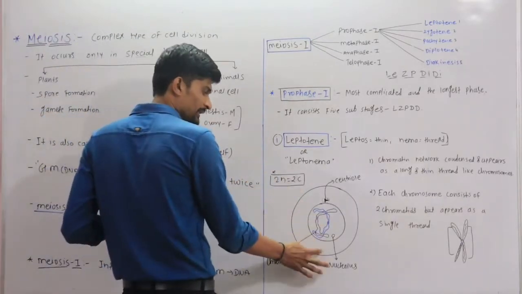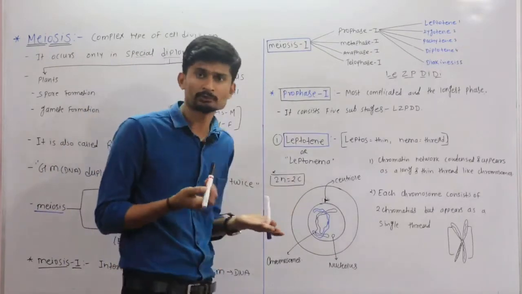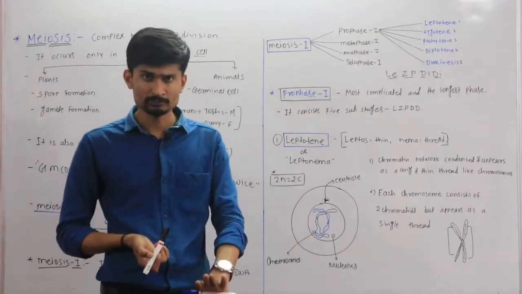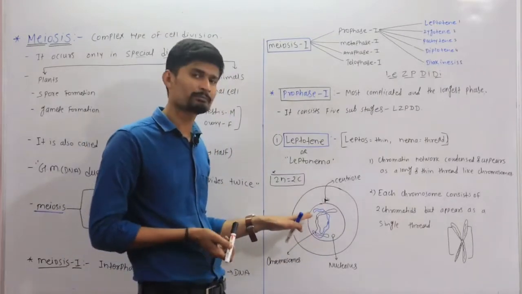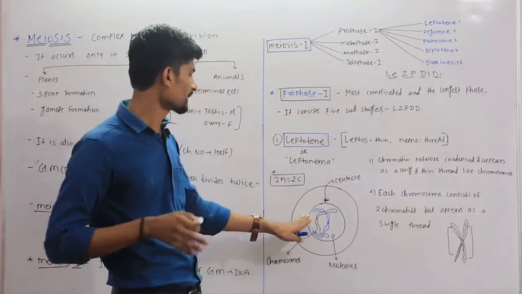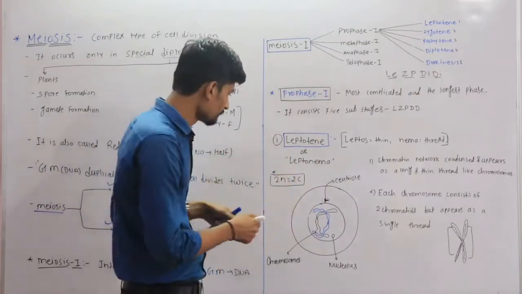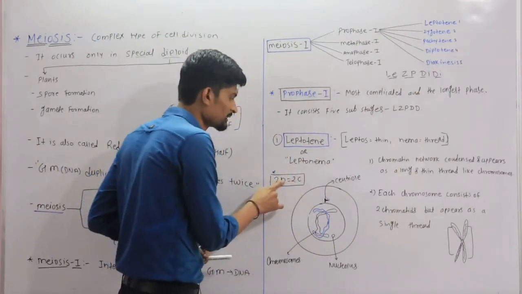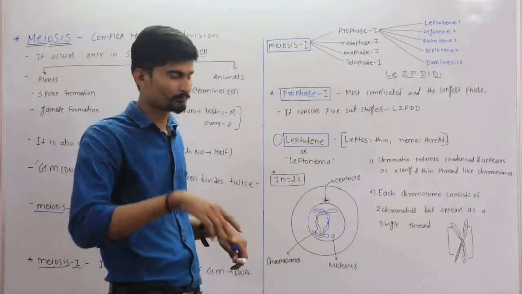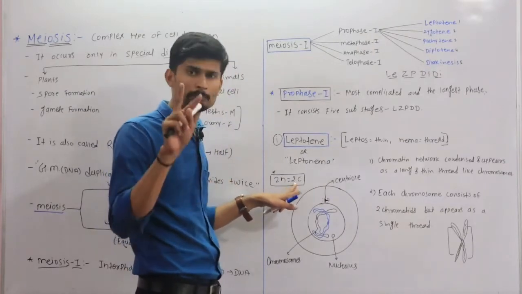Suppose a human cell, where the diploid condition has 46 chromosomes, but we cannot draw 46 because it would become very complicated. So we show only 2 chromosomes, 2n = 2c, meaning the diploid condition is represented by 2 chromosomes.